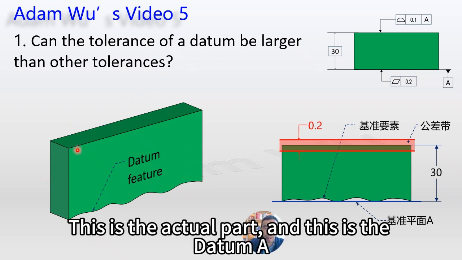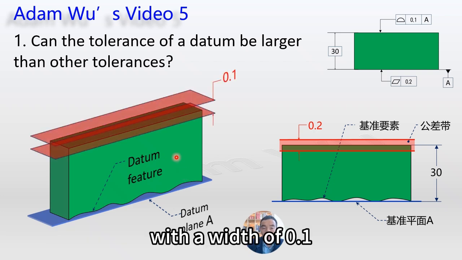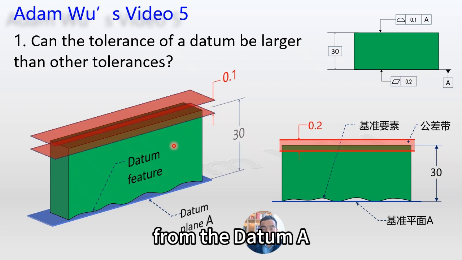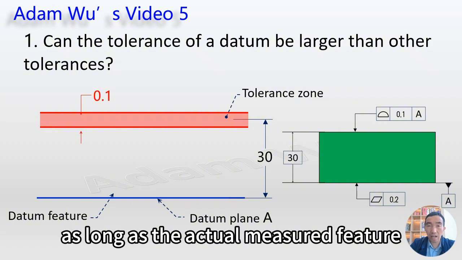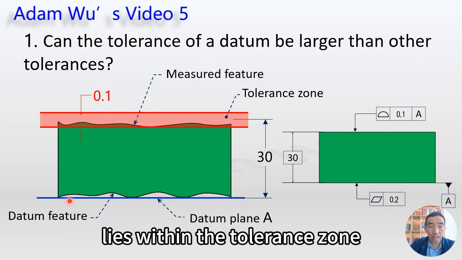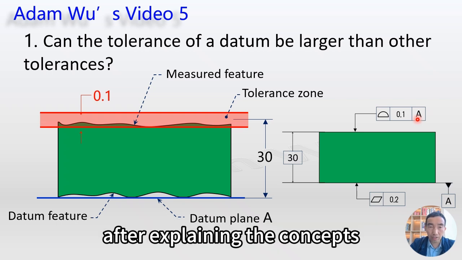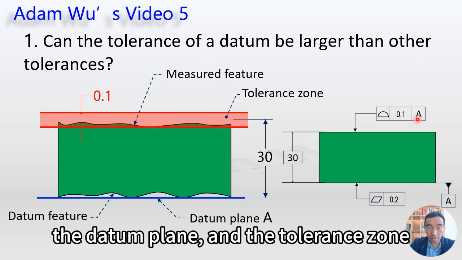This is the actual part, and this is the datum A. The tolerance zone is the region between two parallel planes with a width of 0.1. The tolerance zone is located at a distance of 30 from the datum A. Finally, the requirement is that as long as the actual measured feature lies within the tolerance zone, the profile tolerance is considered acceptable.